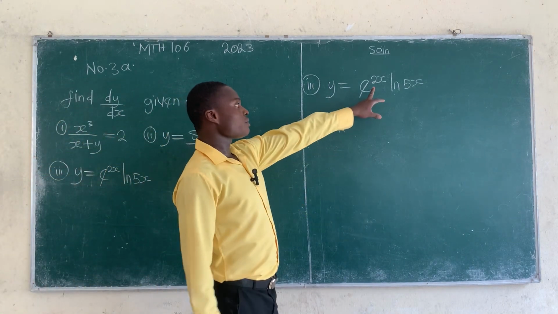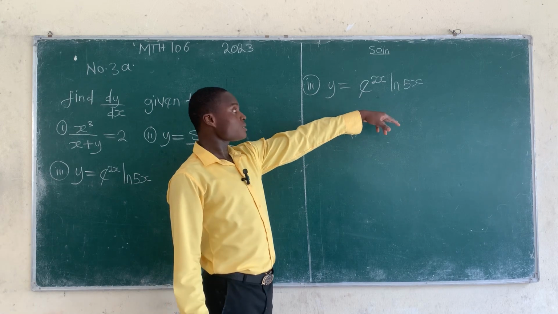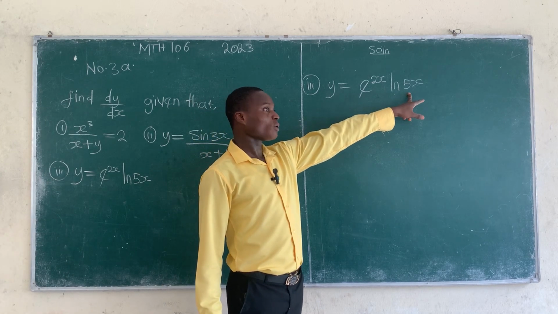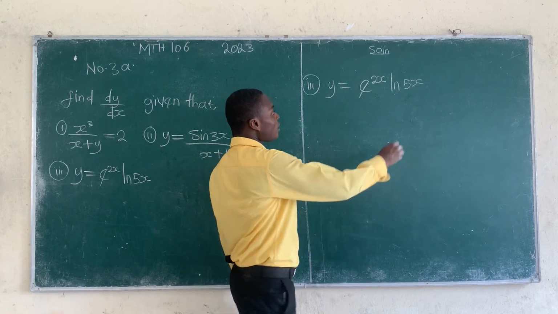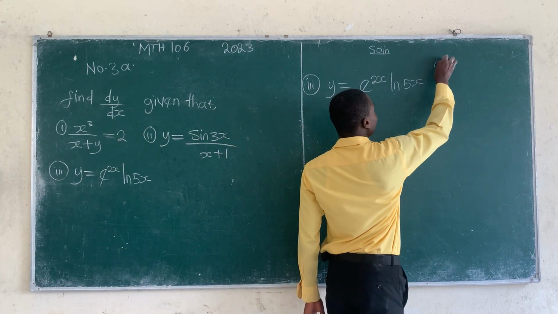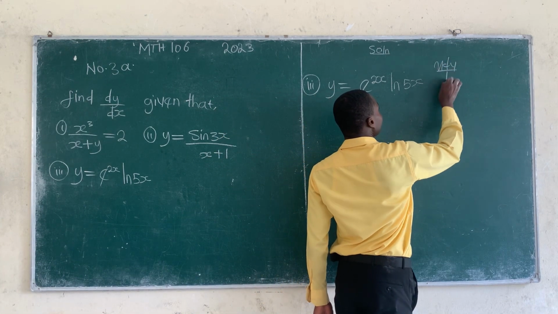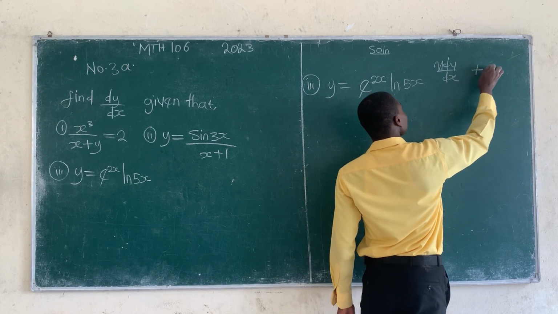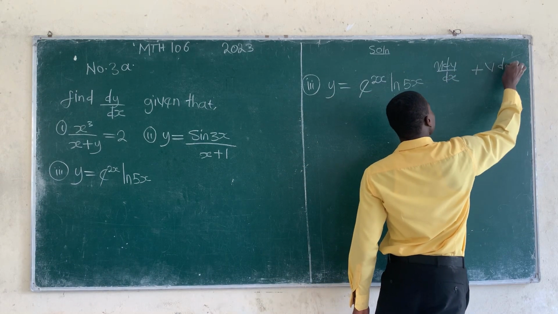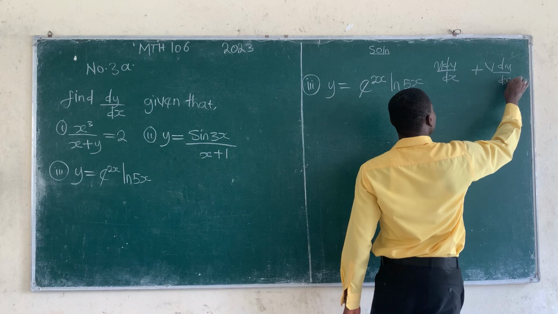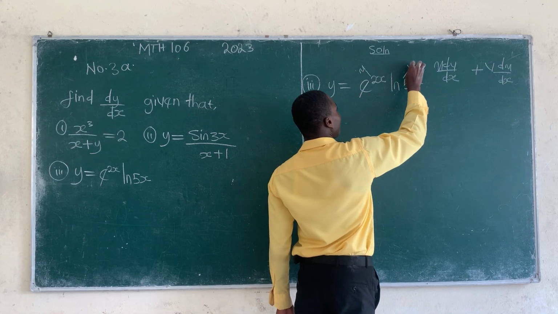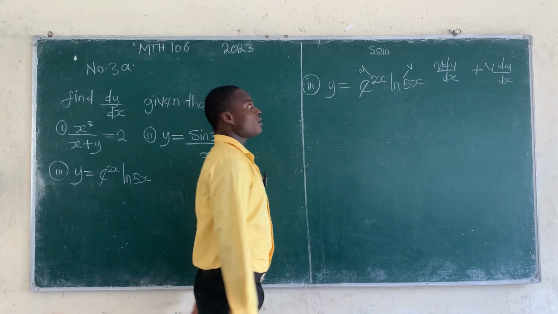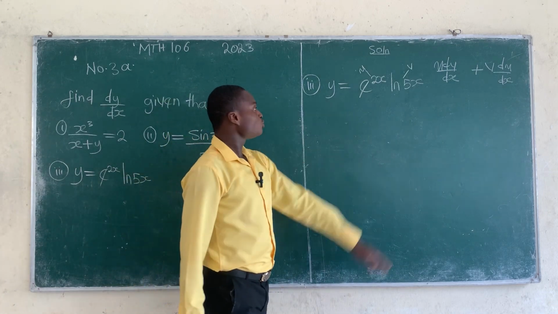But because this is a function of x and this is another function of x, we have to apply the product rule. The product rule says u dv/dx plus v du/dx. This is our u and this is our v. So let's apply the product rule here.